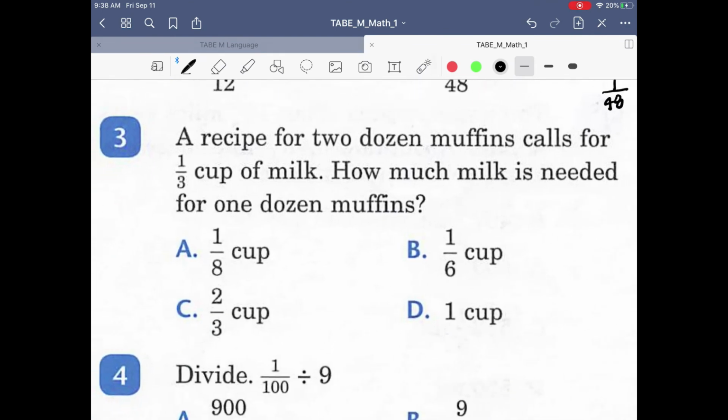Number 3, a recipe for 2 dozen muffins, that would be 24 muffins, calls for 1/3 cup of milk. So how much milk is needed for 1 dozen muffins? So this one doesn't really have keywords, but I do realize that I'm breaking the recipe down.